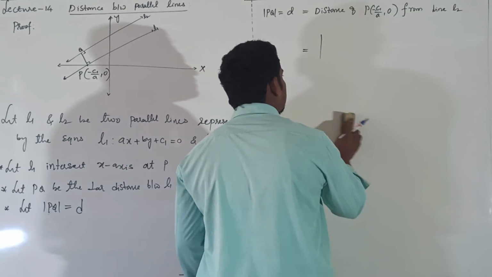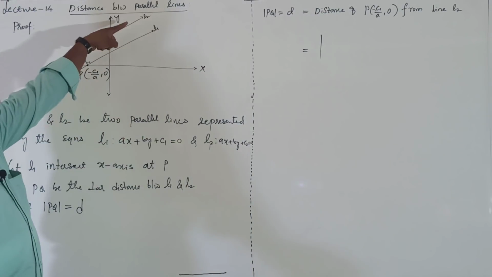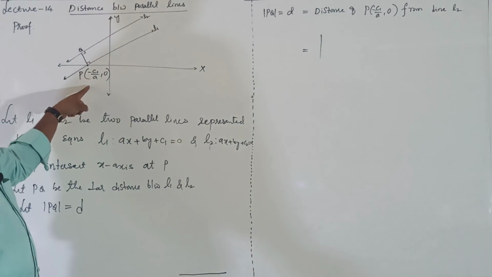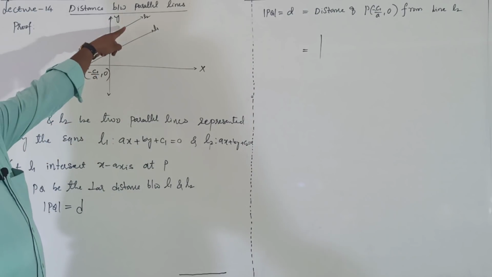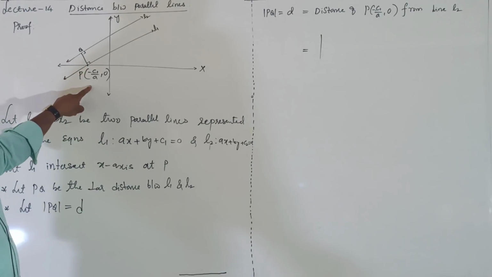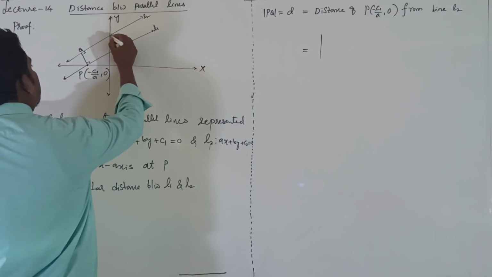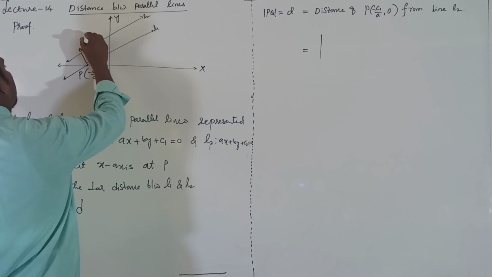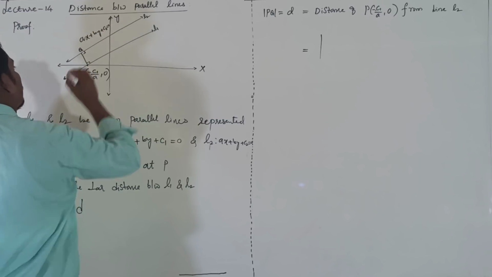Now, the distance between line 2 and this point is nothing but the distance between two parallel lines. Distance between L1 and L2 is nothing but the distance between line 2 and this point. This point is x1, y1 and the equation is already given. What is the equation of line 2? a x plus b y plus c2 equal to 0.